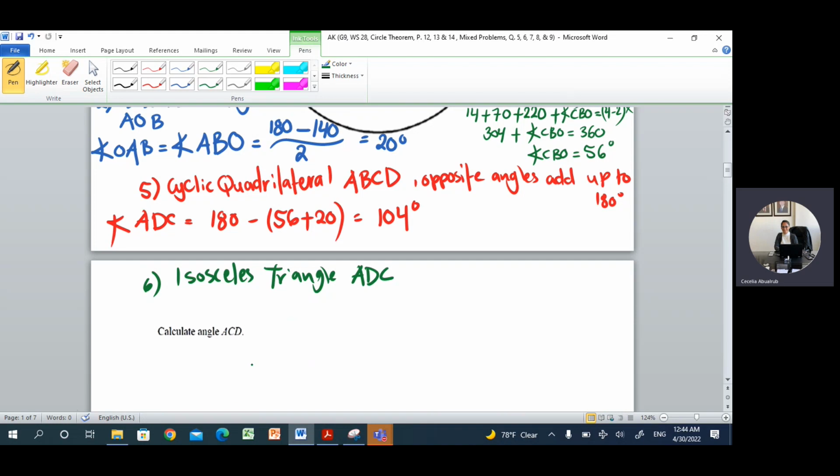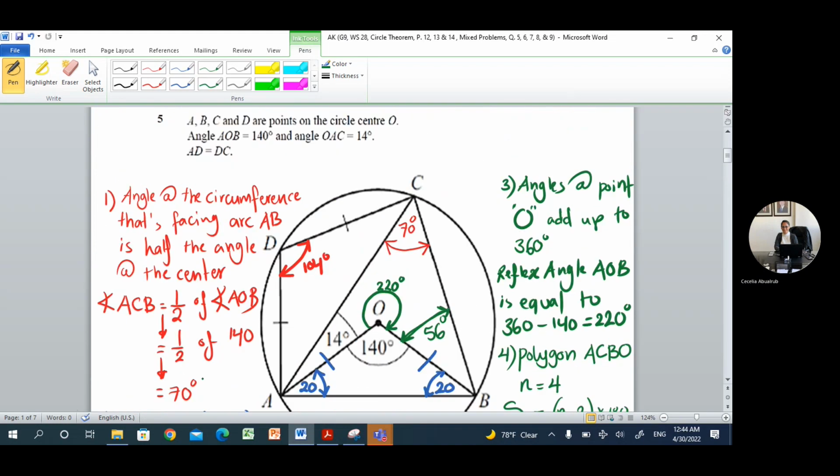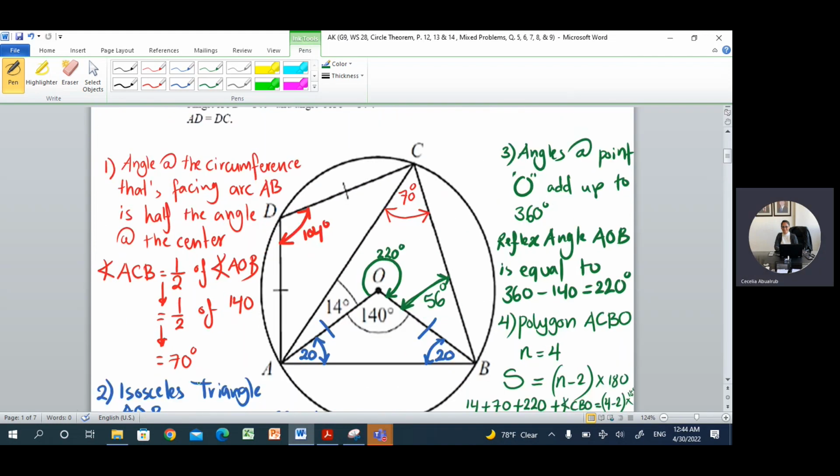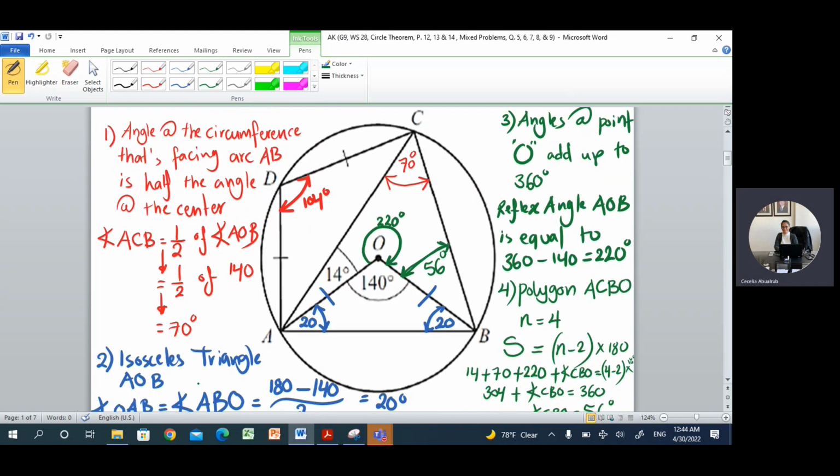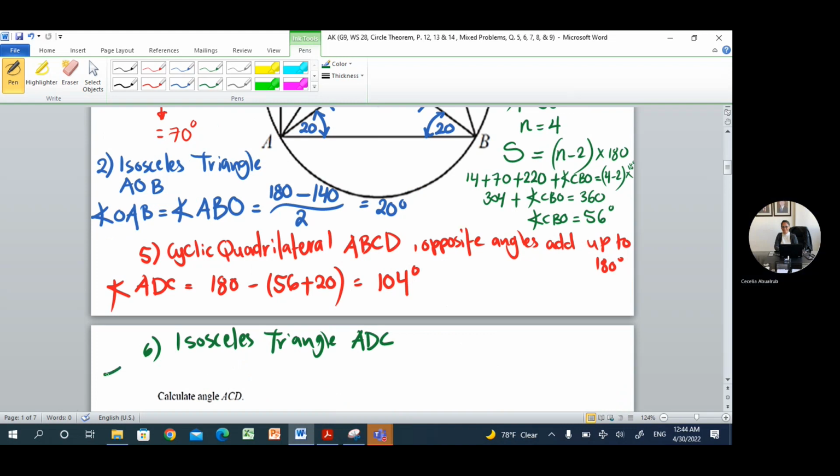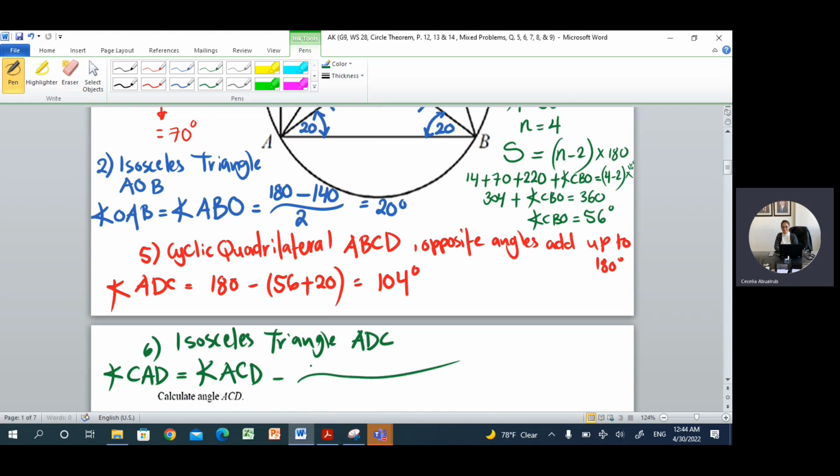ADC, where angle CAD is equal to angle ACD. So angle CAD is equal to angle ACD, and accordingly, the sum of angles in a triangle is 180 minus the known angle is 104 divided by 2.